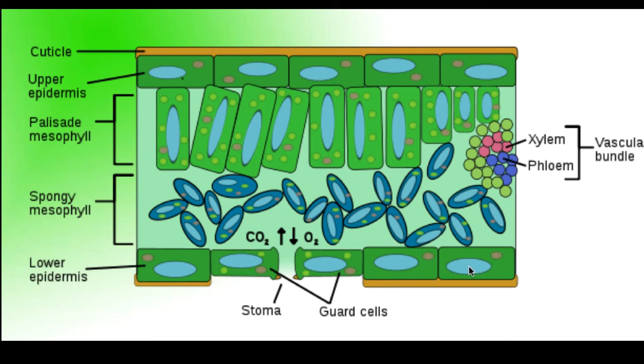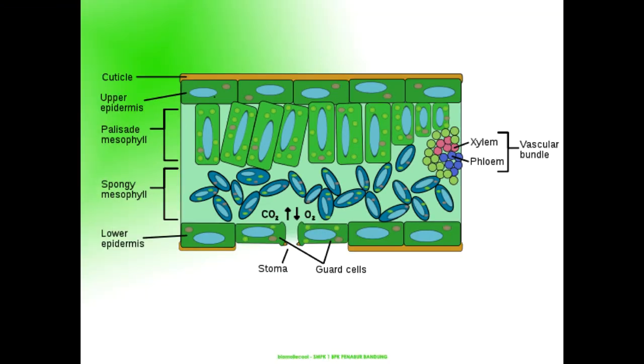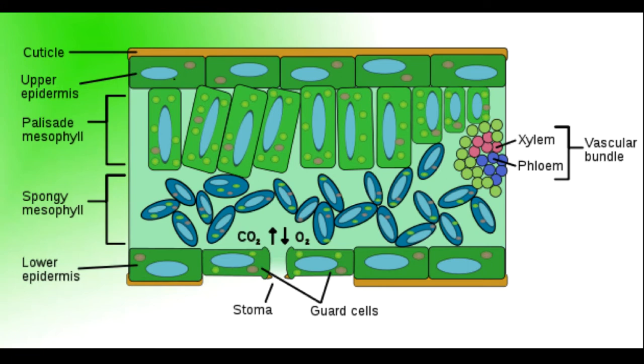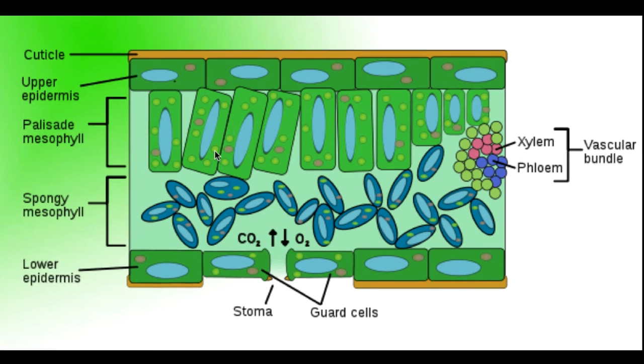All parts of plants, root, stem, and also leaves, are filled up with the kind of tissue we've talked about before, the parenchyma tissues. But in leaves, the parenchyma tissues have a specific name called mesophyll. You can also see that there are two types of mesophyll.